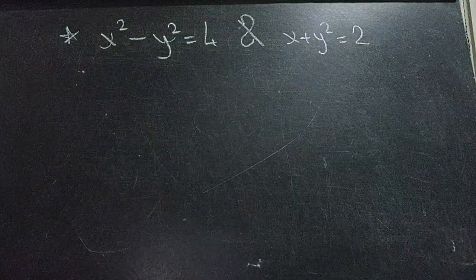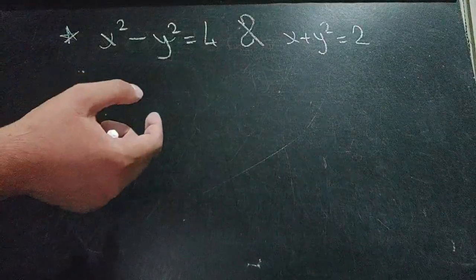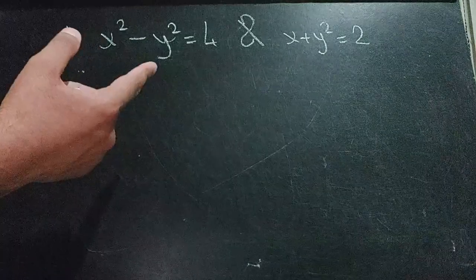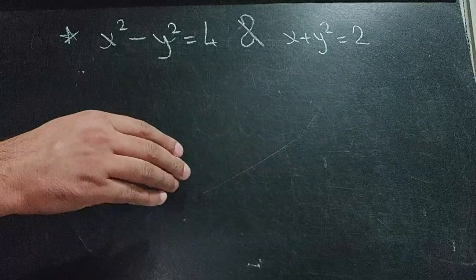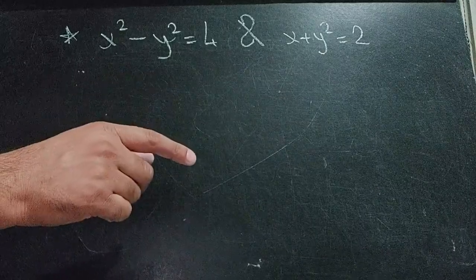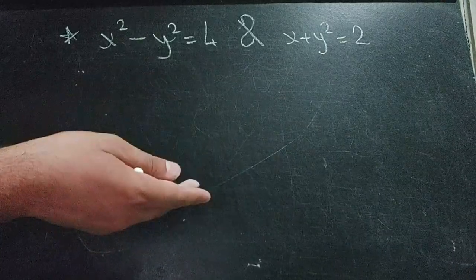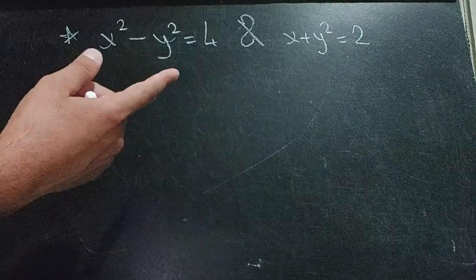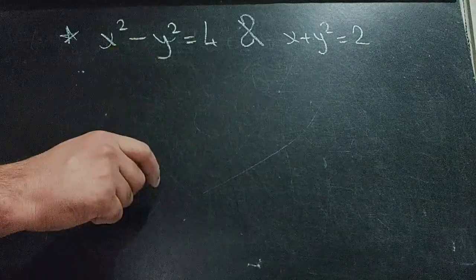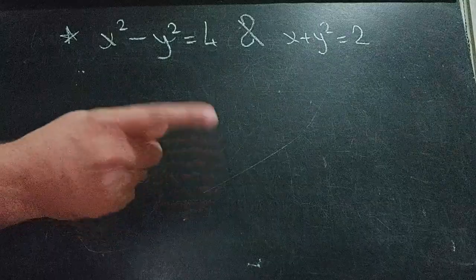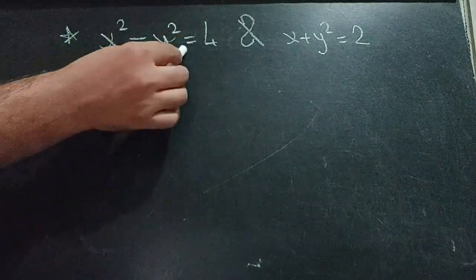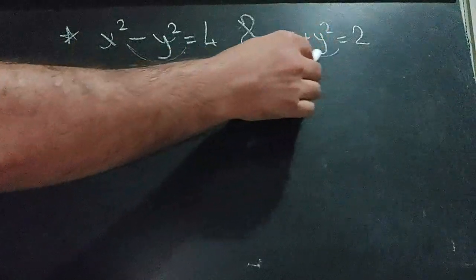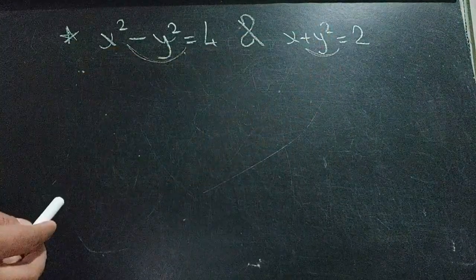Alright, my next question is x² minus y² equals 4 and x plus y² equals 2. Normally I suggest you use substitution in simultaneous quadratics. But for this question, elimination is going to be easier than substitution. Why? Because I have the negative y² and the positive y².